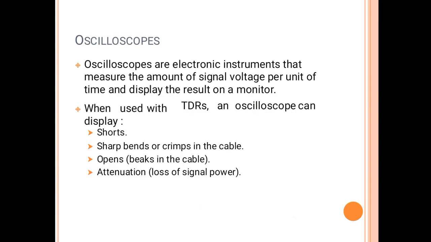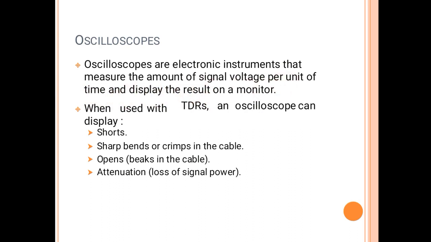Okay. Next topic, oscilloscopes. So what is an oscilloscope and how does it work? Oscilloscopes are electronic instruments that measure the amount of signal voltage per unit of time and display the result on a monitor.